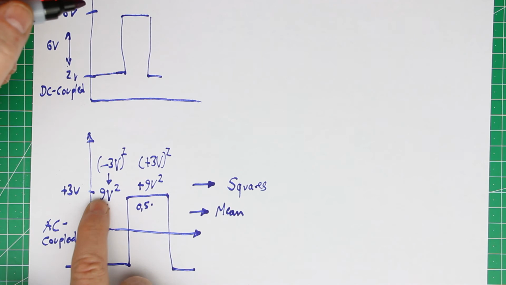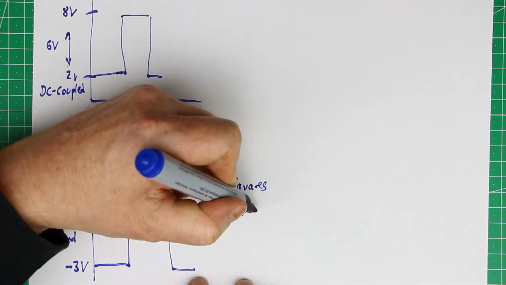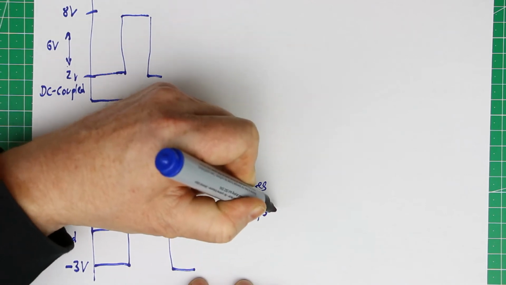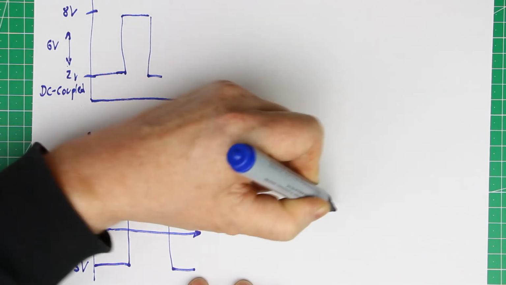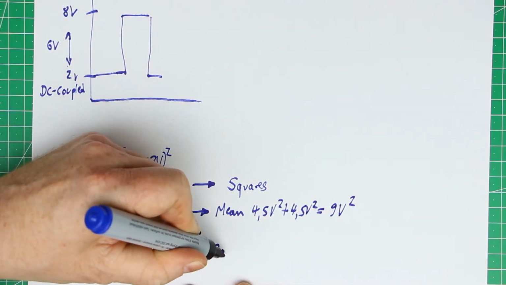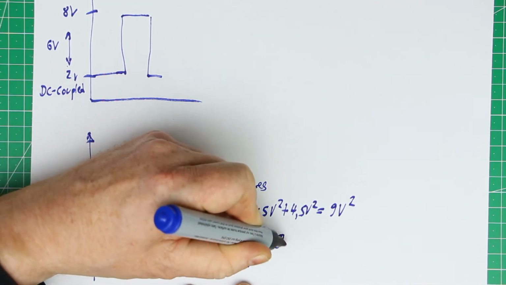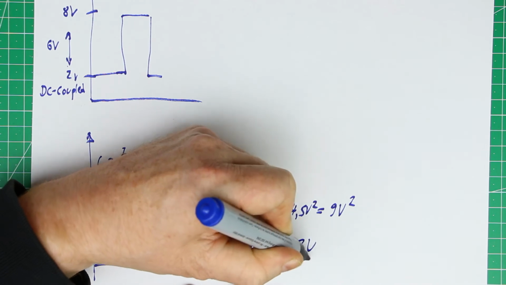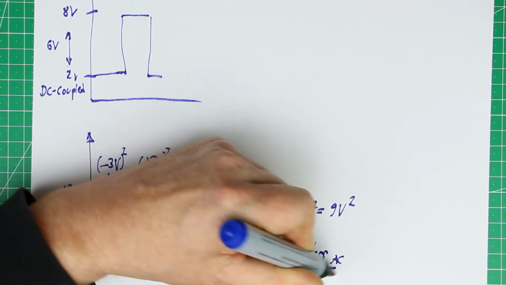And this gives us 4.5 volts squared plus 4.5 volts squared, which is again 9 volts squared. And now we take the root, and the root of 9 volts squared is 3 volts effective AC coupled.